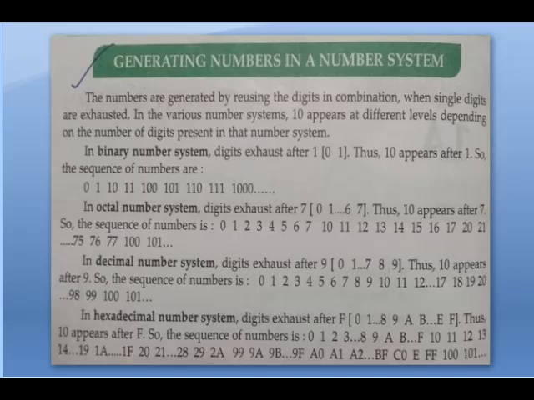The next would be 79, but 9 is there, so we cannot use it. So after 77, the next number is 100, then 101. Like this it will go. We can't use the digits 8 and 9 in the octal number system.